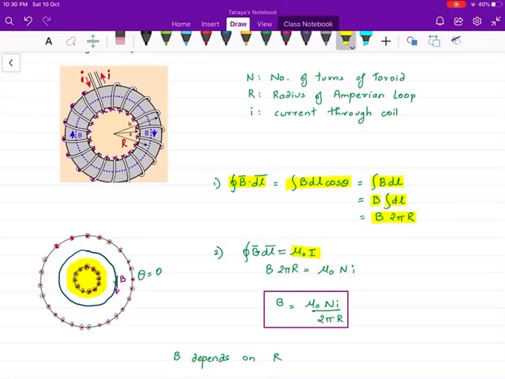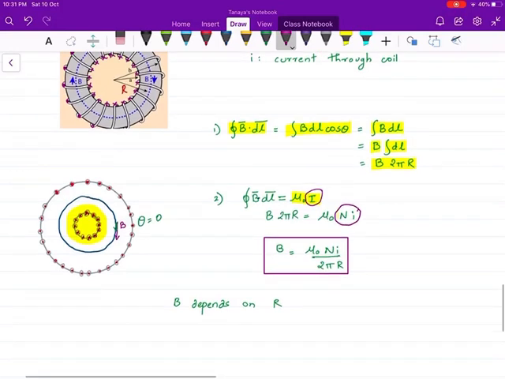Now I need not consider the number of loops per unit length, because this Amperian loop is enclosing all the turns of the coil. So I can write capital I, the current enclosed by this Amperian loop, as the number of turns into the current through each turn. So I get it as Ni. I can replace this I by Ni.